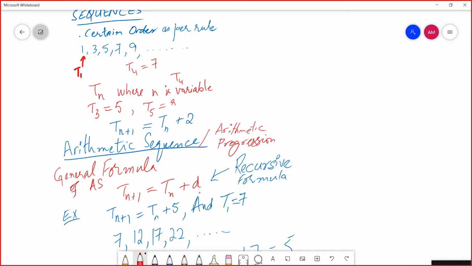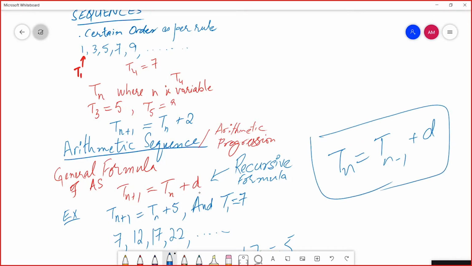Can you help me to write it in another form? This same formula can be written in another form. So Tn is equal to what? Now instead of Tn plus 1, we are writing Tn, and then Tn minus 1 plus D. Don't forget to write D. So this is the same thing.